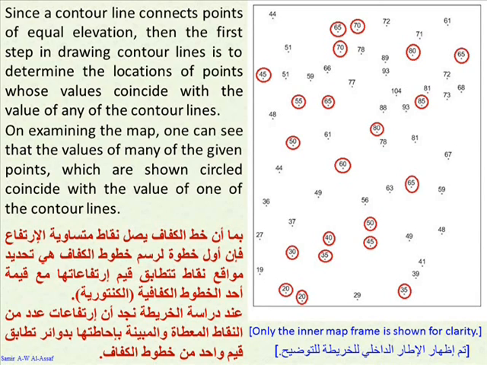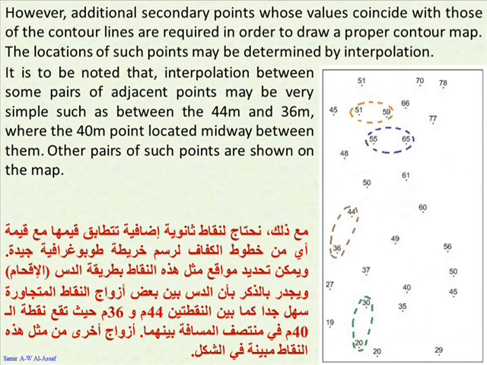On examining the map, one can see that the values of many of the given points, which are shown circled, coincide with the value of one of the contour lines. However, additional secondary points whose values coincide with those of the contour lines are required in order to draw a proper contour map. The locations of such points may be determined by interpolation.